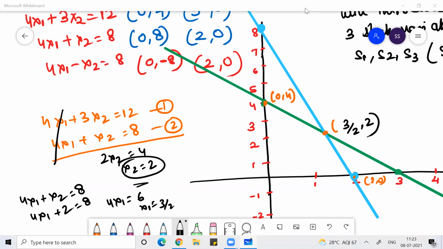Today morning I was solving the 10th board SSLC question paper. I believe you might be aware if you have a younger brother or sister in class 10th, they are going to have the SSLC exam next week. 19th and 21st is the exam for Karnataka class 10th students.